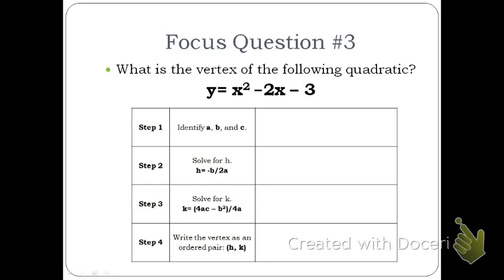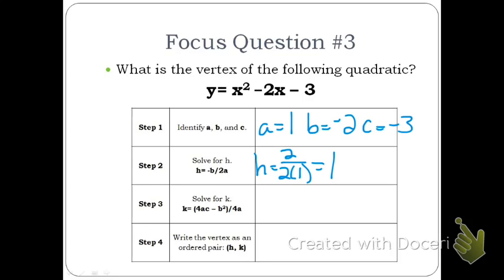So here we are in our third example. Step 1, find your A, B, and C value. A is equal to 1, B is equal to -2, C is equal to -3. Your H value is equal to the opposite of B, so in this case it's going to be +2, all over 2 times A. So 2 times 1 is 2, and 2 over 2 is equal to 1.